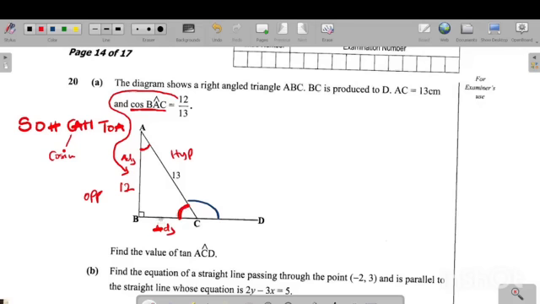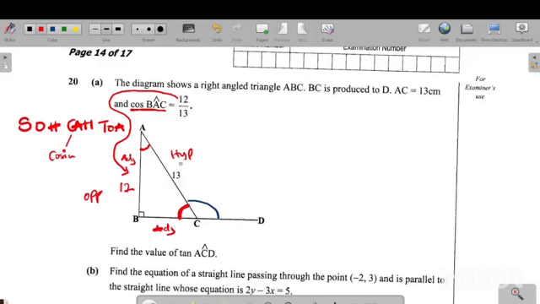So how are we going to find that side? We'll apply Pythagoras theorem. Pythagoras theorem says if you want to find the longest side, the hypotenuse, you add the square of this side and the square of this side.